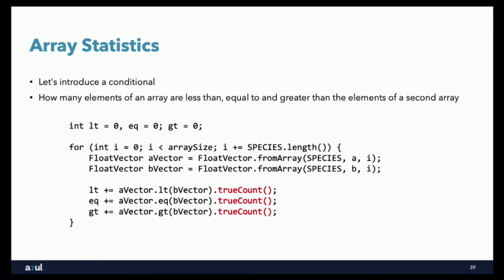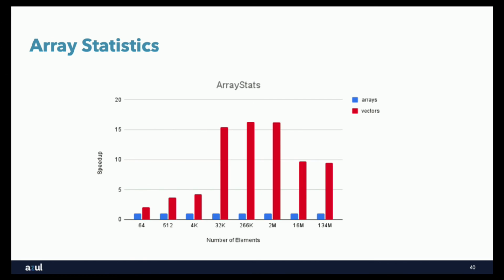And because we're operating on a number of different values, we can also call the trueCount method to get how many actually were less than, equal to, or greater than. If we look at the results from that, even using auto-vectorization, we get very, very different results between the standard JIT compiler and the Vector API.